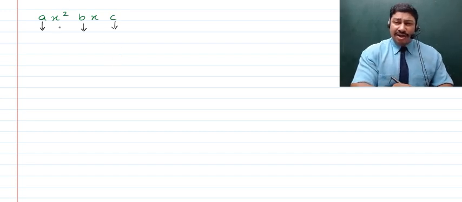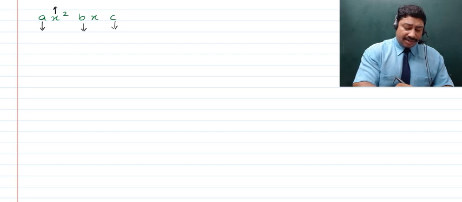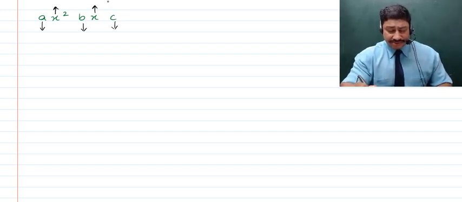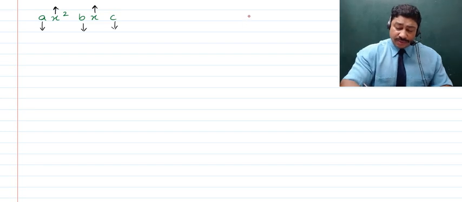Now if you talk about the initial alphabets of the English language like A, B, C, D, they are normally considered as constants. And the latter alphabets like X, Y, Z, etc., are considered to be variables. Now here there is no separator in between. Whenever we talk about separators, we have either a plus sign or a minus sign.